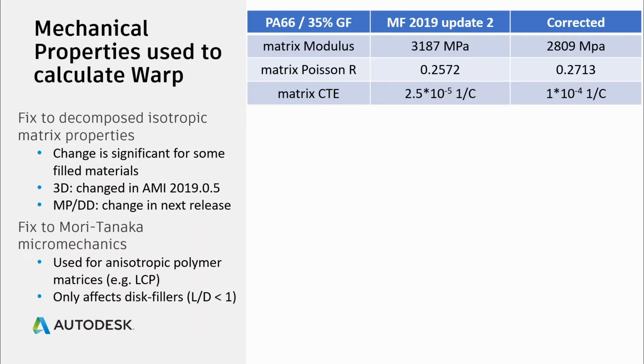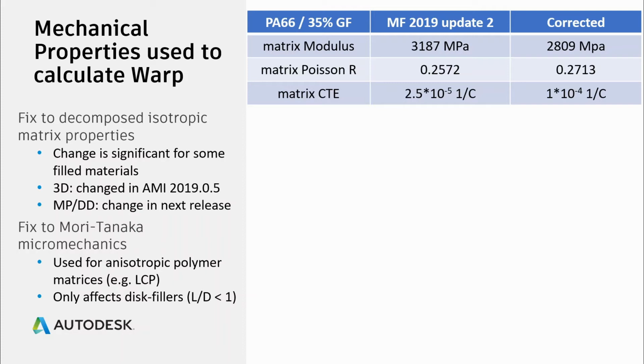A second change to micromechanics calculation for composite properties concerns an improvement we've made to the calculation using the Mori-Tanaka model for anisotropic polymer matrices. This is typically used for LCP materials where we cannot assume isotropy in the polymer matrix. The change only applies to those composites which have disc-type fillers, that is, an aspect ratio less than 1.